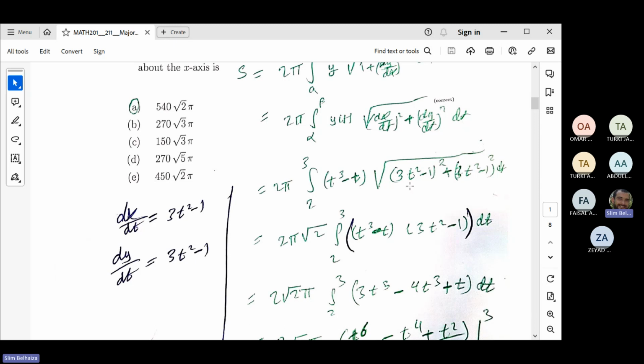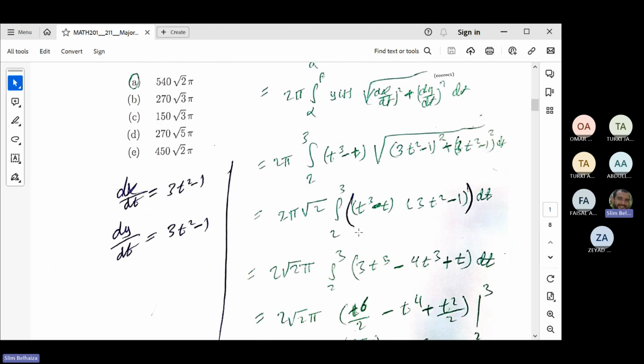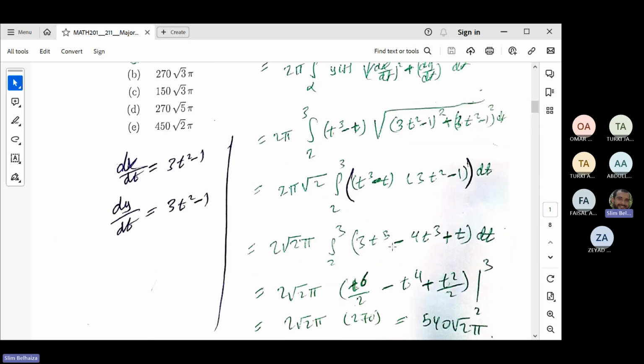So basically, you see that this term, which is squared, is repeated twice. If you put it as 2 times 3t squared minus 1 squared, immediately you can put the square root of 2 outside. And that's why we have square root of 2 outside. So at the end of the day, you have just to integrate a polynomial of t. And this is what you should get.